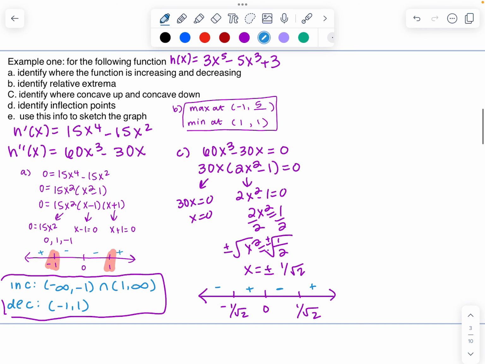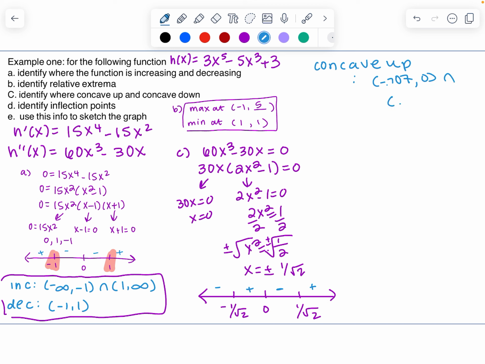So based on that, I see that the double derivative, the sections where it's positive, that means the original function's concave up, and whatever sections it's negative, the original function's concave down. So I'm going to go ahead and write concave up from -0.707, I'm going to put that number into the calculator, to 0, and 0.707 to infinity.